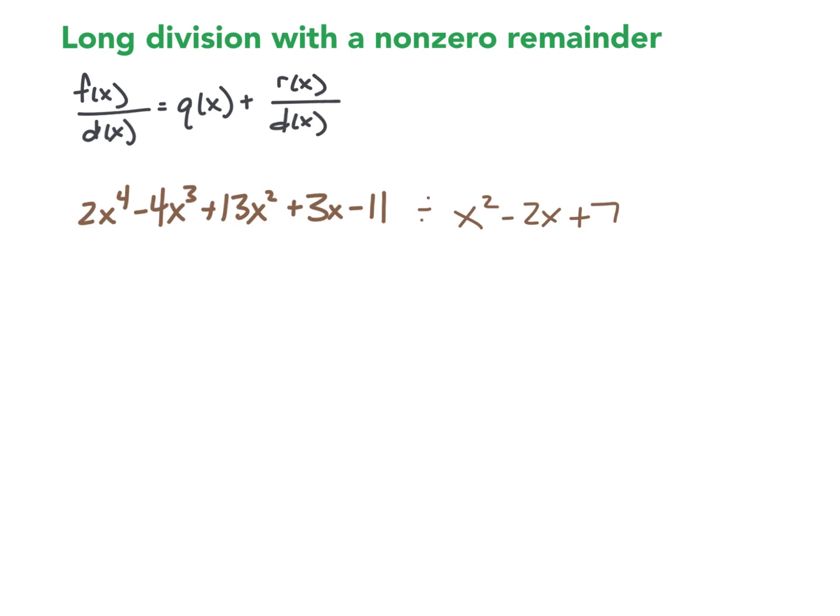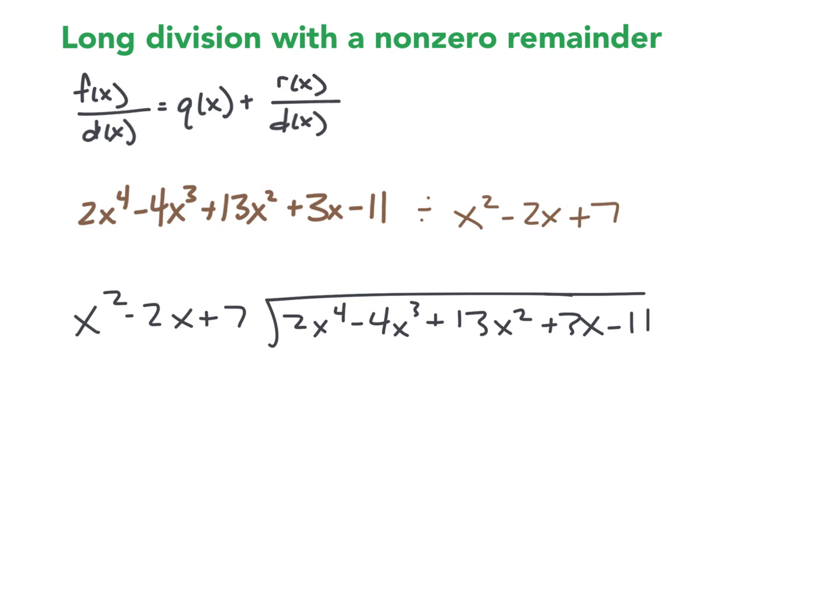Now notice in this example, unlike anything that we've done before, this is divided by a whole polynomial of degree 2. So I set the whole thing up. There was never any space for a 0. And now I'm going to go through the same process as the first example, always just figuring out how I turn this into whatever number I get.